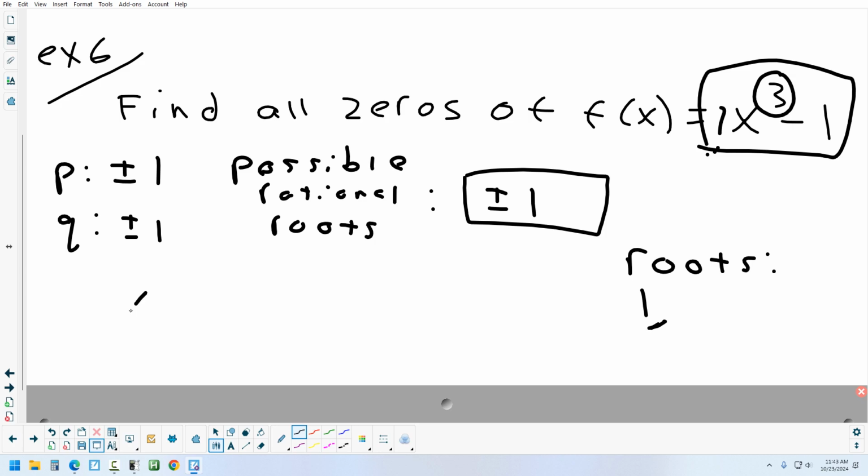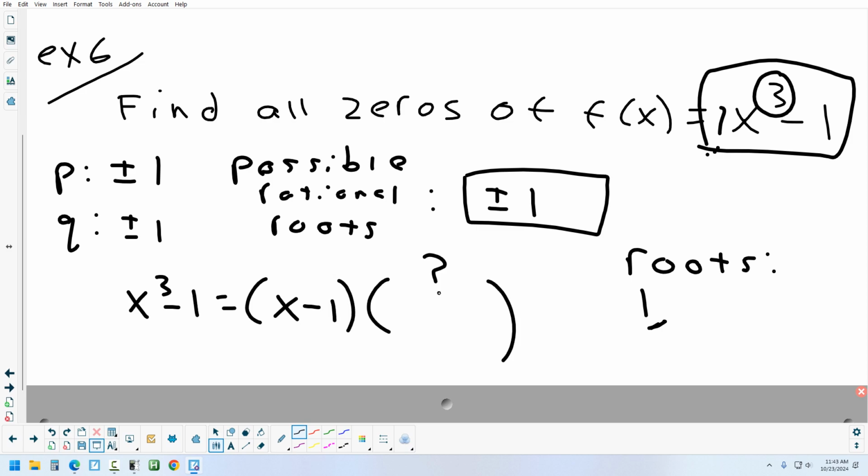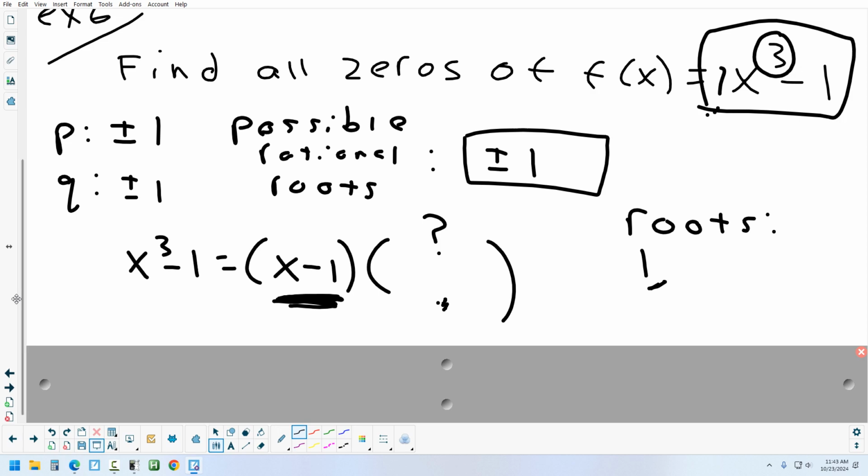Because this is what I'm trying to figure out now. I know that 1 is a root. That means this is a factor. I don't care about that. I already know that. I want this. I need to know the other factor. So to get this other factor, we're going to divide each side by x minus 1. Okay, well, we're going to do it with synthetic division.